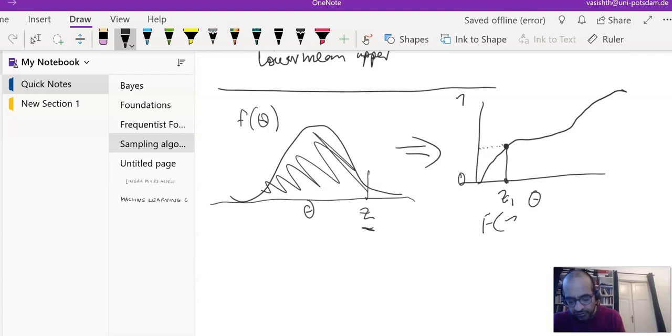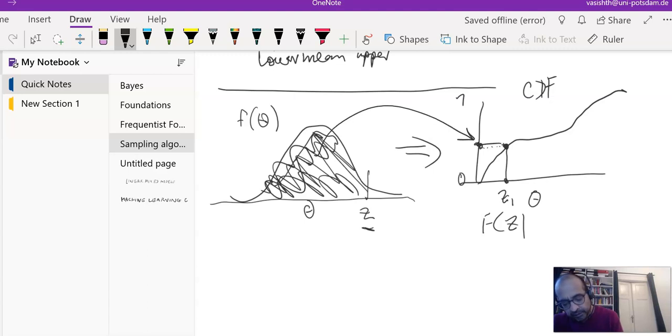So f of z1 is this value here. That's what the CDF does. This is just a way of plotting the cumulative distribution function and computing this area under the curve, which is the probability, and that probability is this number here on the y-axis. Okay, so that's how we represent the PDF and the CDF.